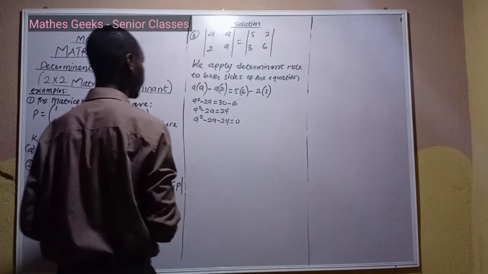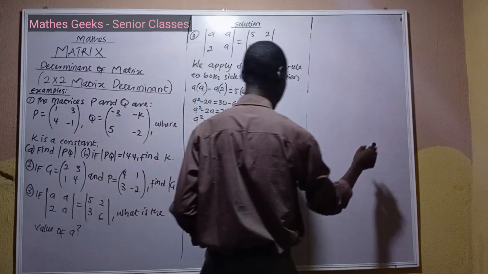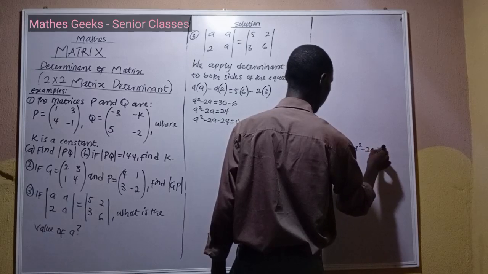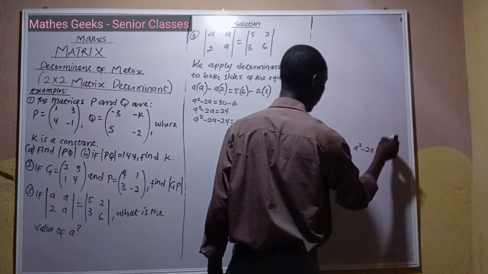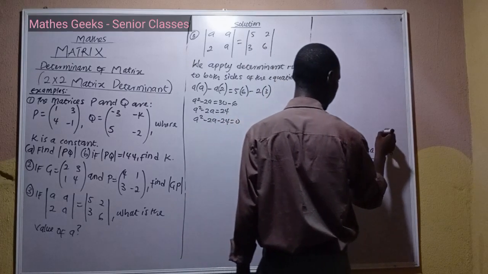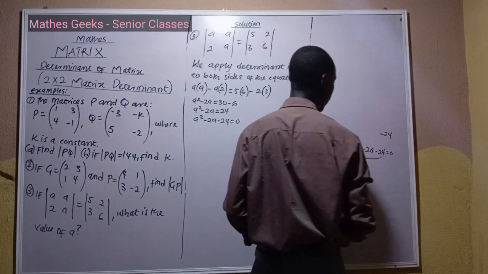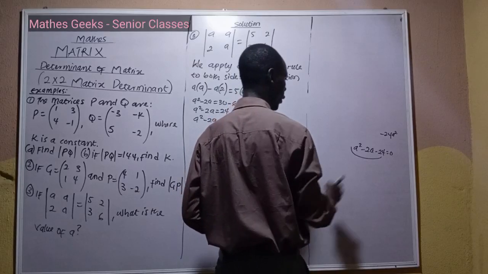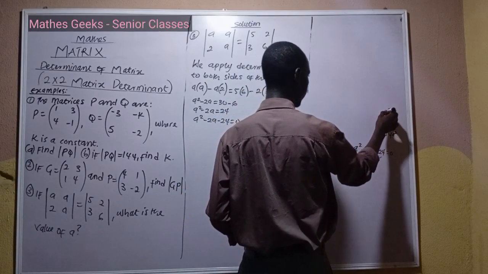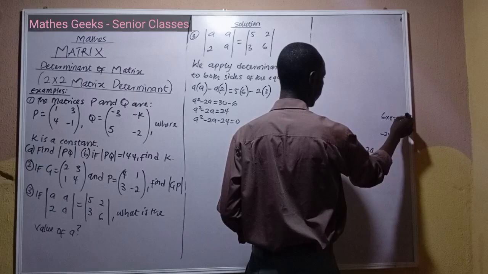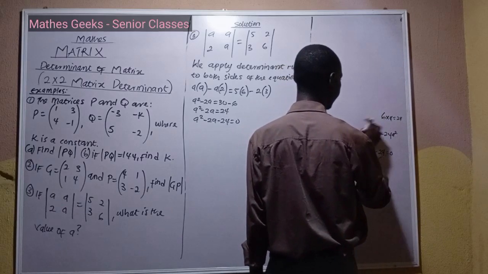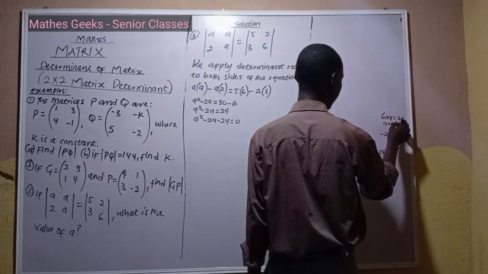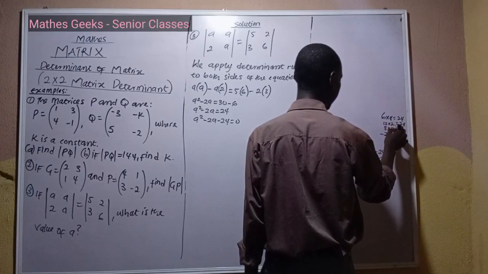So we're going to factorize E squared minus 2E minus 24. Our product is minus 24E squared. The factors of 24 are 6 times 4, 12 times 2, and 8 times 3.